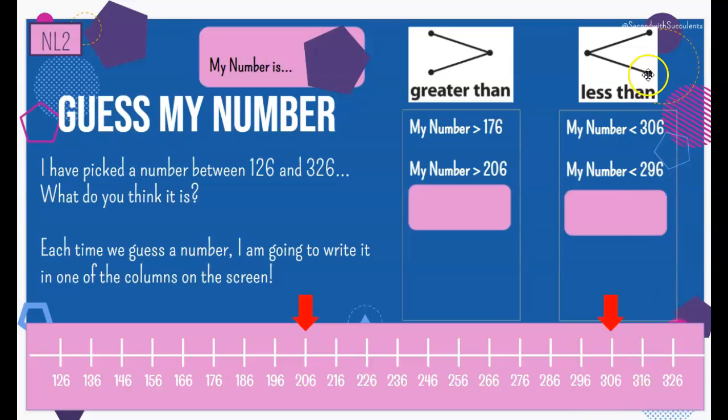My number is less than 296. Well, I'll move my red arrow one more. Do you have enough information yet? Oh, thumbs down, not quite. There's just too many numbers in between. We need some more information.